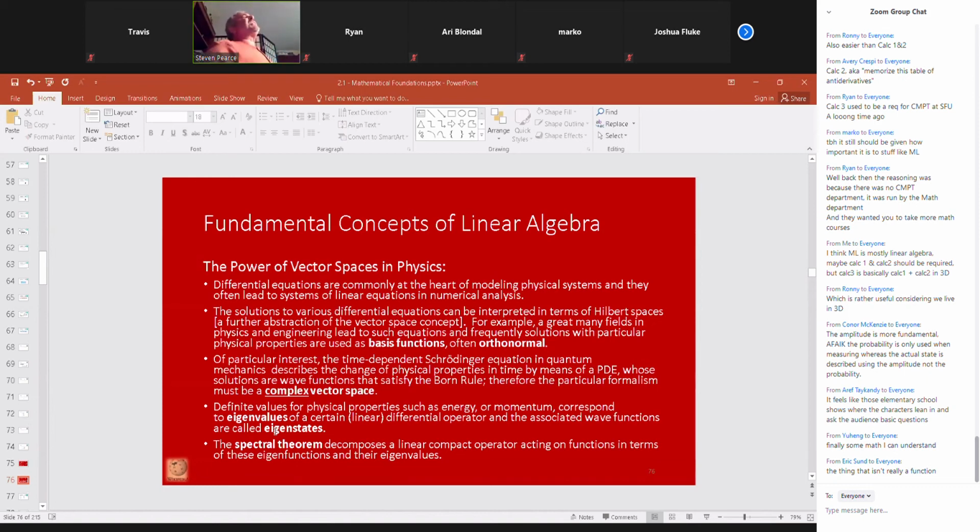So an eigenvector, in this case, is an eigenstate, since this vector in a Hilbert space is represented as a vector. And then there's this thing, you'll hear about it eventually, called the spectral theorem. It decomposes a linear compact operator acting on functions in terms of these eigenfunctions. Put that in your back pocket. Just remember that we heard of this thing called the spectral theorem. If you've taken a course in quantum computing, you're kind of expected to know these words.